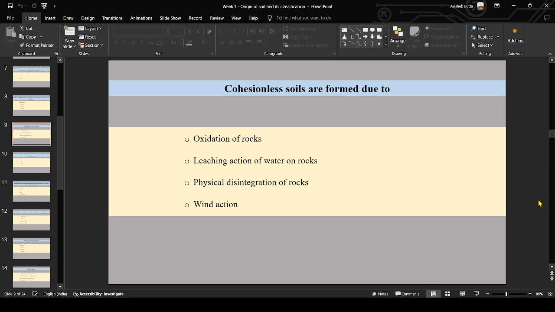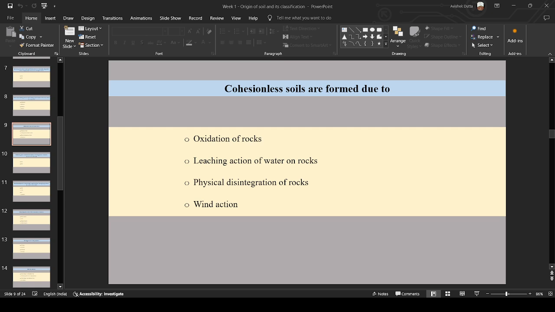Number three, physical disintegration of rocks. And number four, wind action. So I guess everyone has an idea about what cohesionless soils are.